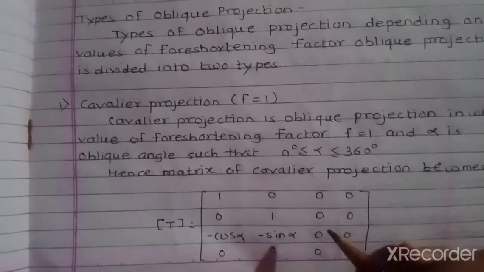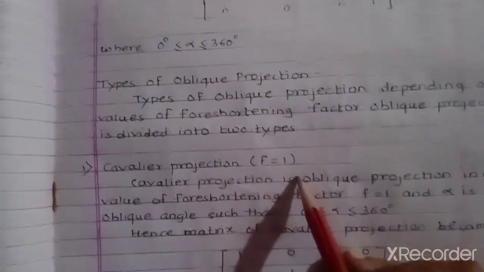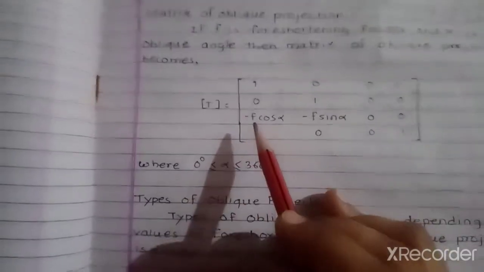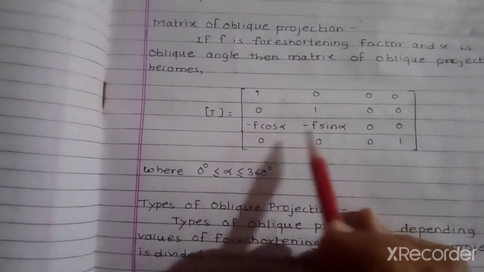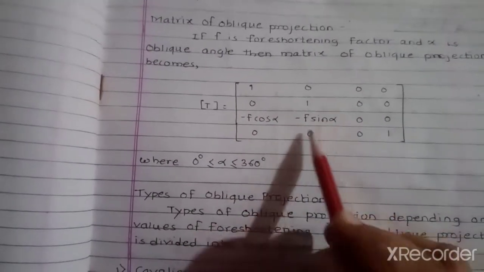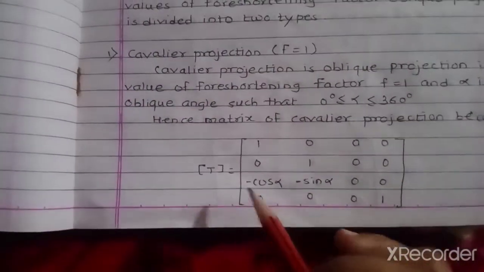So what we have done here is put f equal to 1 in our standard matrix of oblique projection. When we put f equal to 1, there remain only minus cos alpha and minus sin alpha, which we write down here.